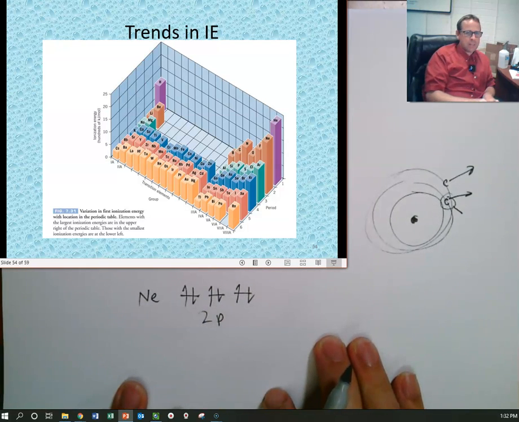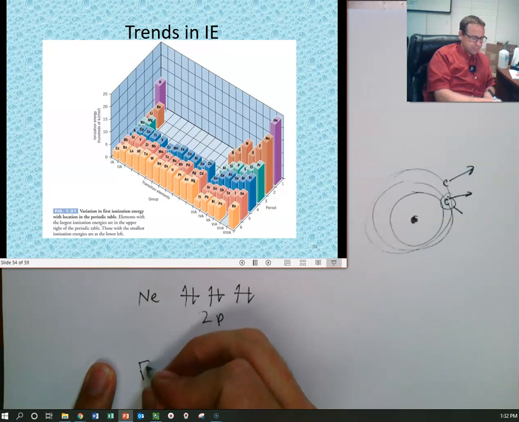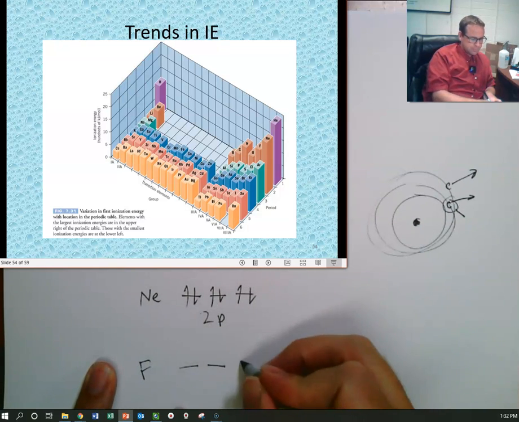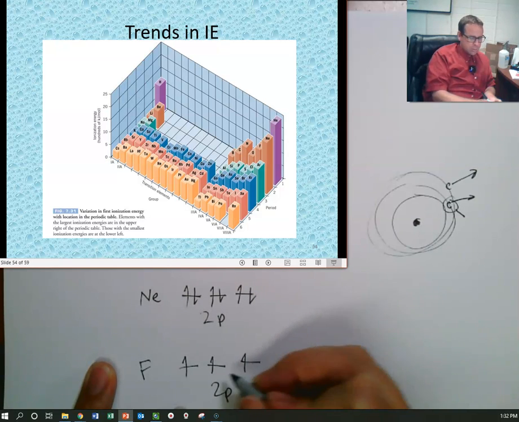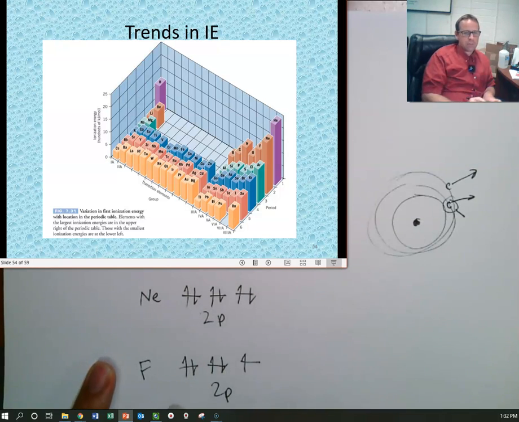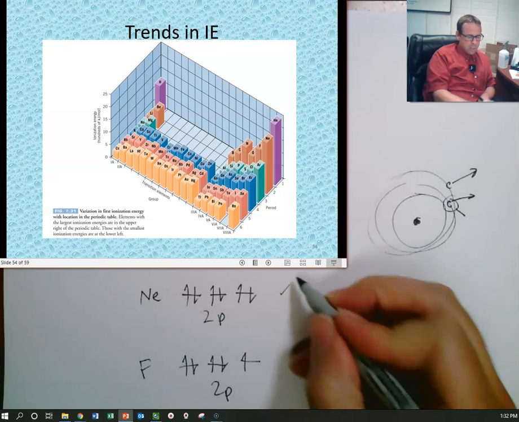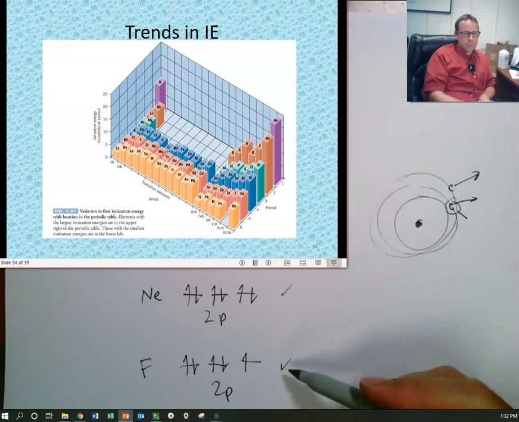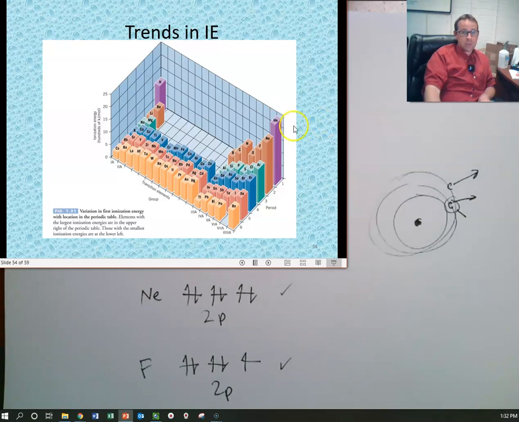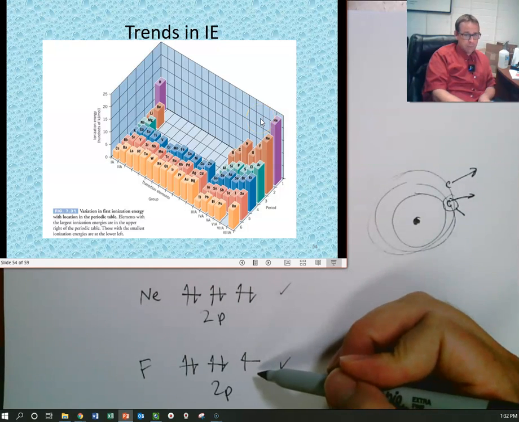Now, if I compare that to something like fluorine, I only have 5. 1, 2, 3, 4, 5. Now, in which of these scenarios do you think it would be harder to remove an electron? Well, we know the answer. We have the chart in front of us. It takes more energy to remove an electron from neon than fluorine.